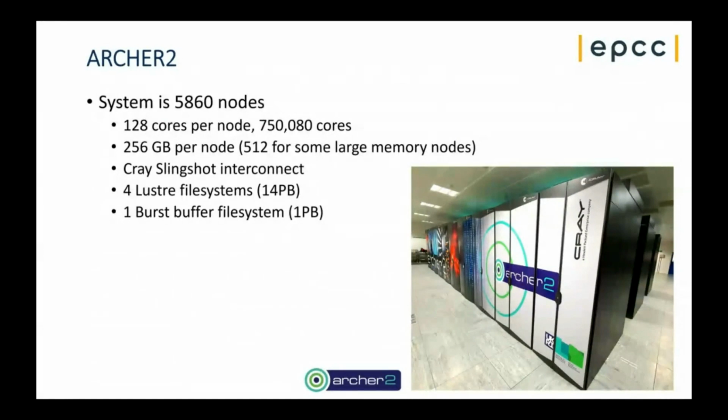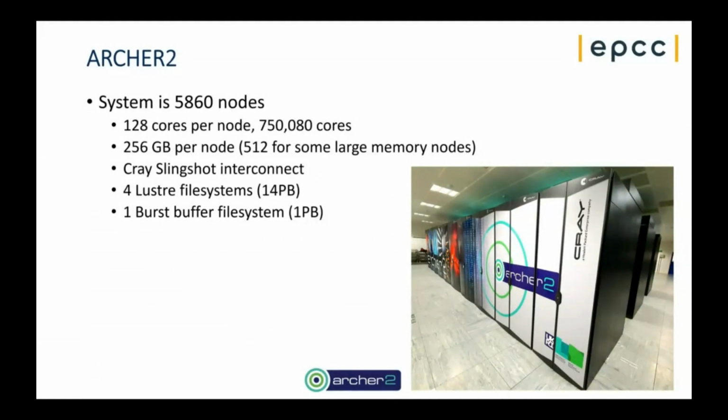So it's nearly 6,000 nodes of a Cray HPE system. Each one of those nodes has 128 cores. So that gives us nearly 750,000, or just over 750,000 compute cores. And for most of the system, there's 256 gigabytes of memory per node.